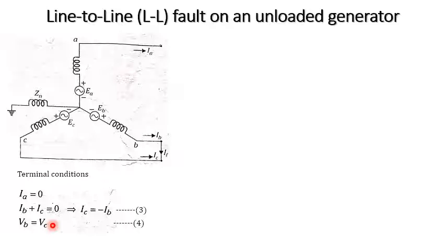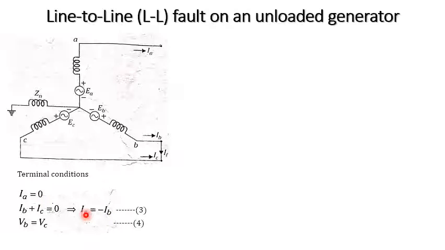As I told previously, based on the terminal conditions only we need to find the symmetrical component relations. Here it is very difficult to calculate either the voltage or the current directly. However, we can make a judgment by looking at equation 3: already Ia is 0 and Ib is the minus of Ic.